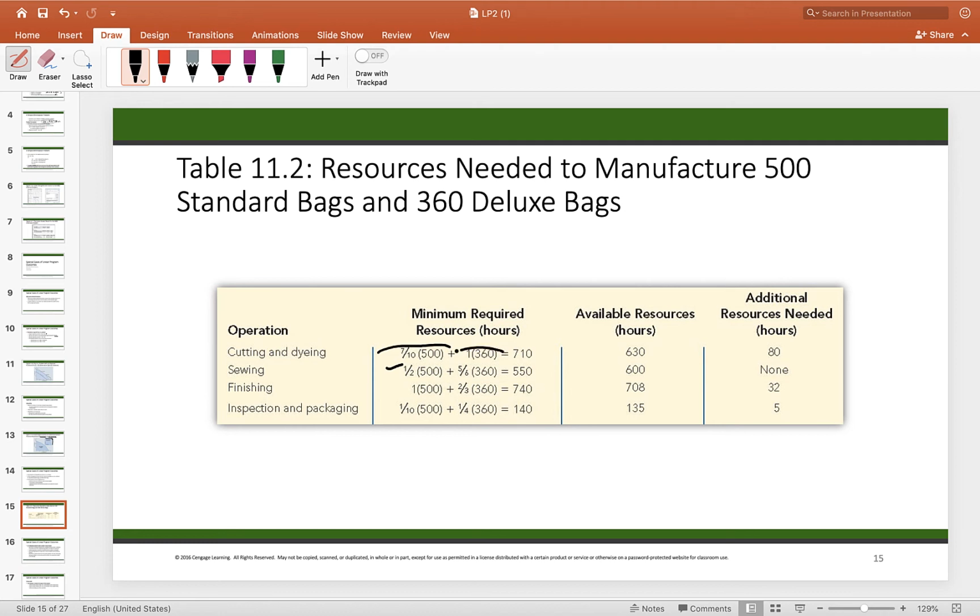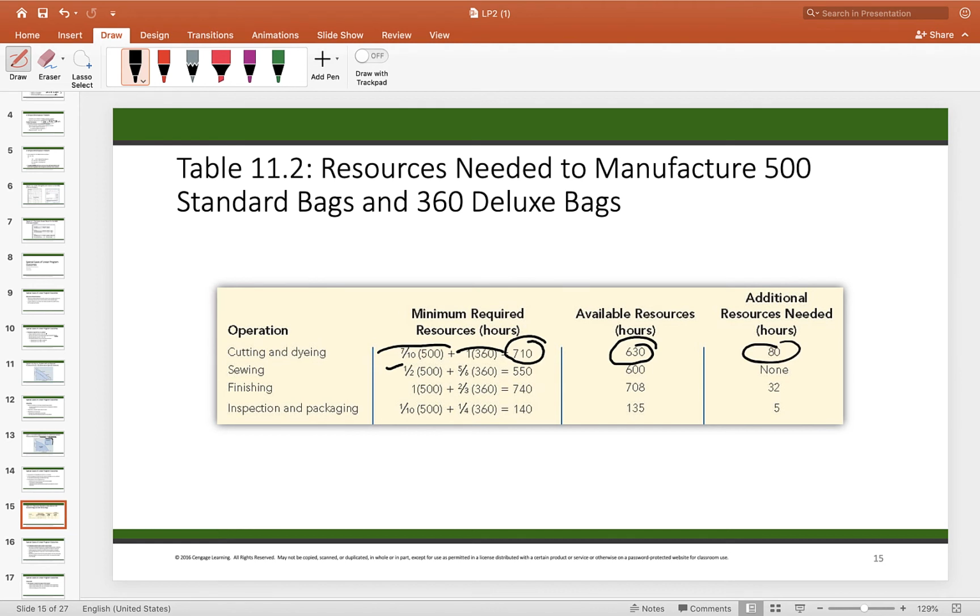And similarly for the deluxe bags, it takes 1 hour to cut and dye each of those. If I'm going to make 360 of those, it's going to take another 360 hours. So if I want to make 500 standard and 360 deluxe bags as a minimum, I need 710 hours. Given that we only have 630, the difference between those 2 values is 80.